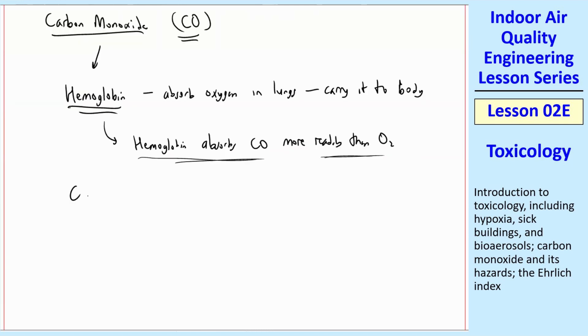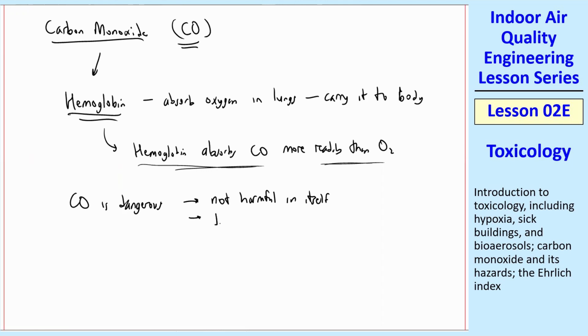It turns out that CO is dangerous to breathe, and it's kind of like CO2. It's not necessarily harmful in itself. It doesn't cause problems in your body by the CO being there, but it deprives the body of oxygen. Just like we talked about Apollo 13 or people in submarines, if there's too much CO2, you have too little oxygen.